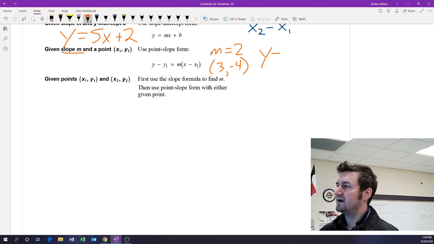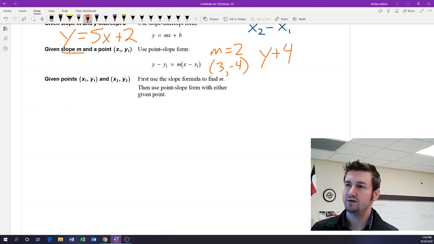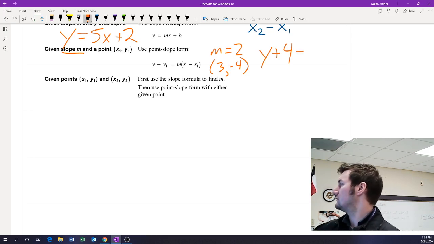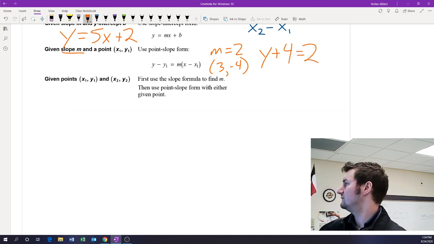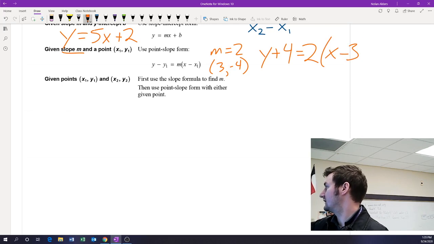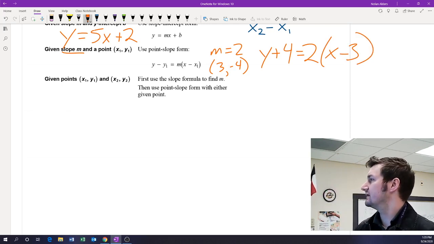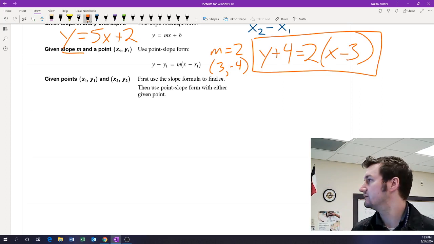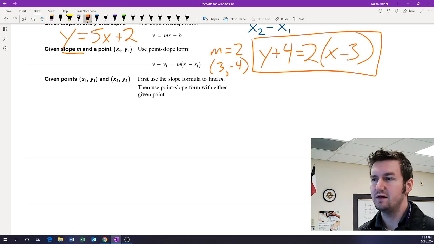So we'll have y minus -4, which just turns into a +4. Double negative there. Minus a negative turns into a positive. Equals, our slope is 2, and we'll have x minus our x-coordinate, which is 3. So that might be what a point-slope form would look like for a specific problem.